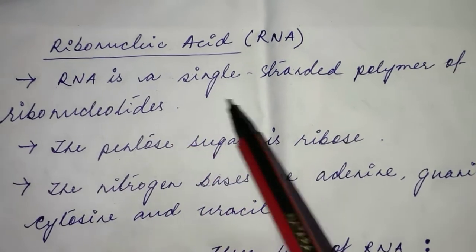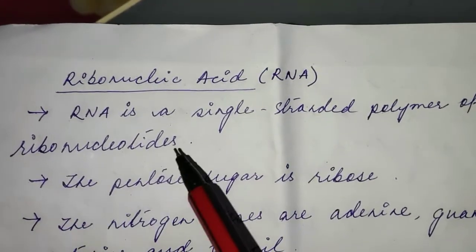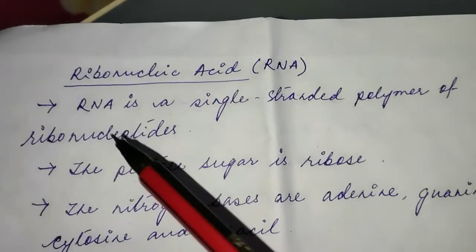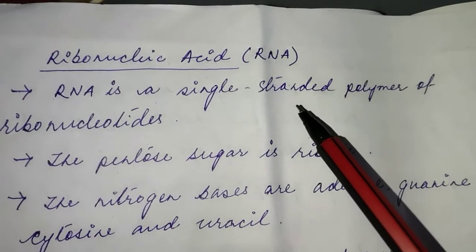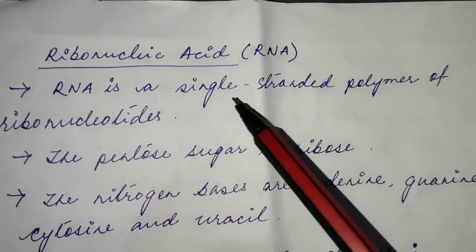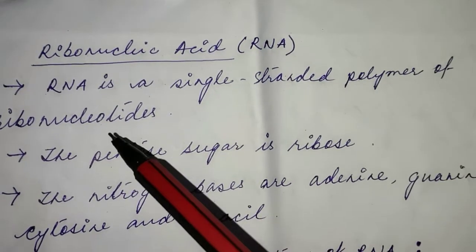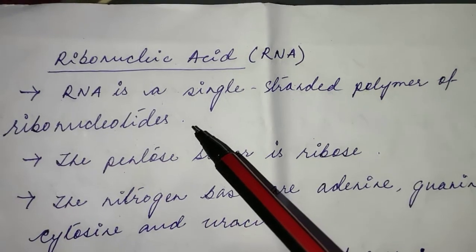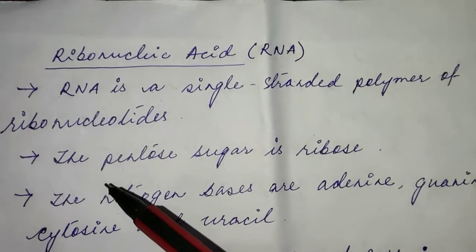So RNA is a single-stranded polymer of ribonucleotides. So RNA is single-stranded. DNA is actually double-stranded or double helical, but RNA has a single strand, and it is a polymer of ribonucleotides. DNA is actually a polymer of deoxyribonucleotides.